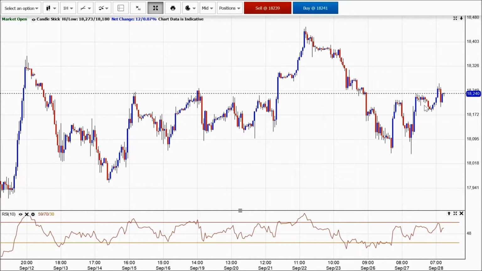You can see from yesterday, we're already trading just about through yesterday's high, but from yesterday we had the lows just ahead of the 18,000 mark, and again from the day before. So I think that's clearly a big level. If we did see a 150, 200 point sell-off in the Dow Jones from the current levels, for me it looks like a buying opportunity. It looks like we've shaken off maybe the worst of this correction over the last couple of days. So I think the bias is still just about up.